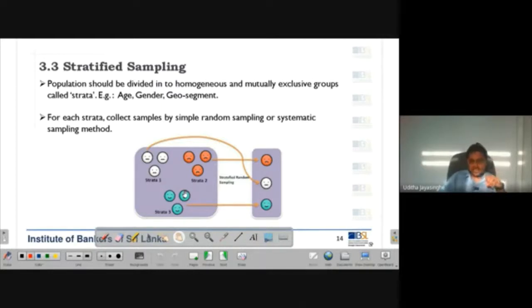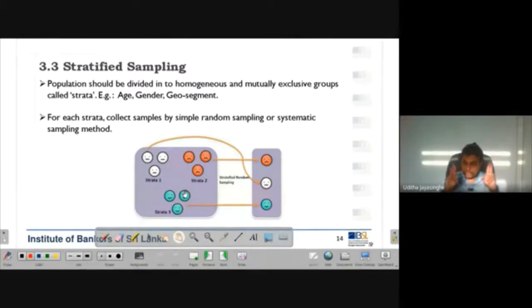So from this white and red and blue groups, inside those groups, you will practice another sampling methodology to select the sample. Okay, so this is the stratified sampling methodology.